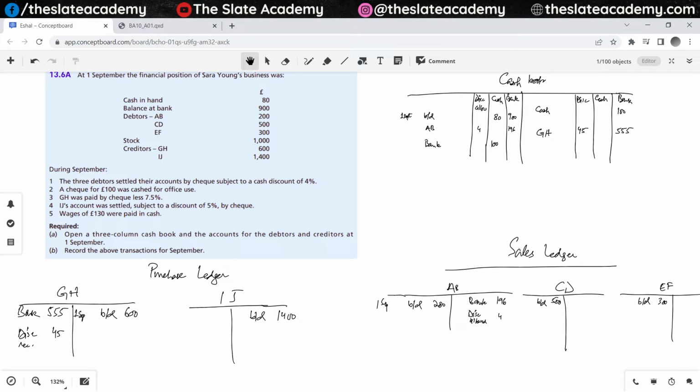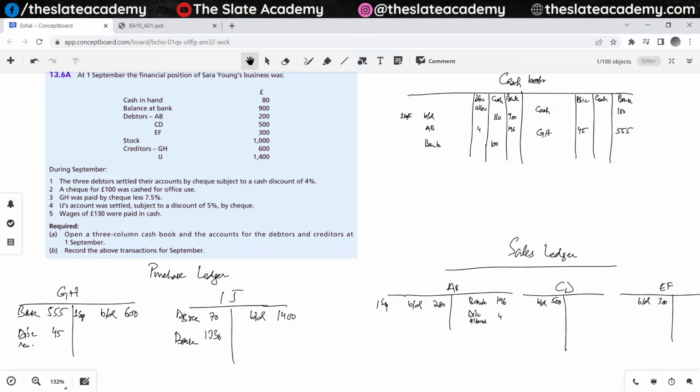Okay. How much did IJ owe us? IJ owes us 1400. So 5% is 0.05 into 1400, 70. Okay. So 70 would be discount received, and 1330 will be paid by bank.